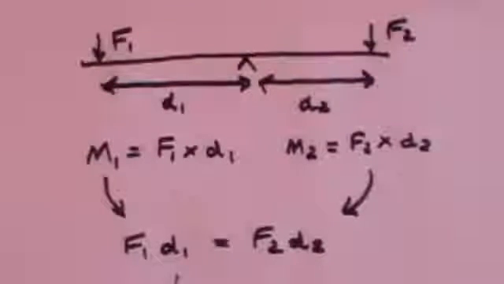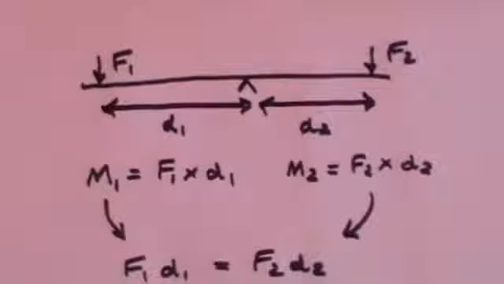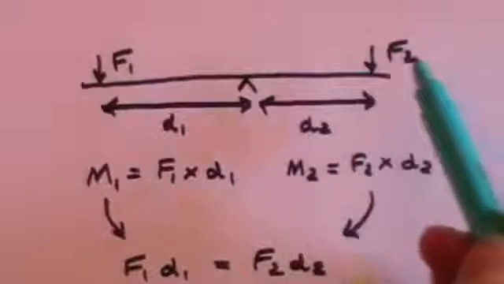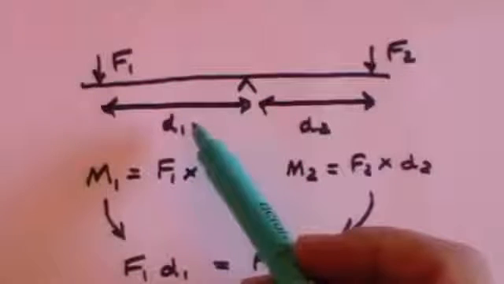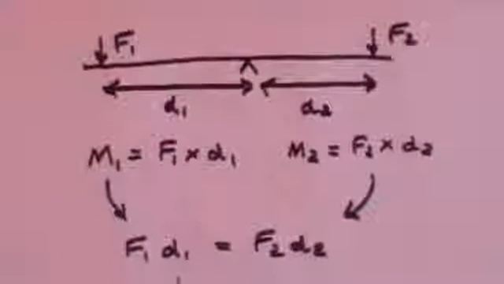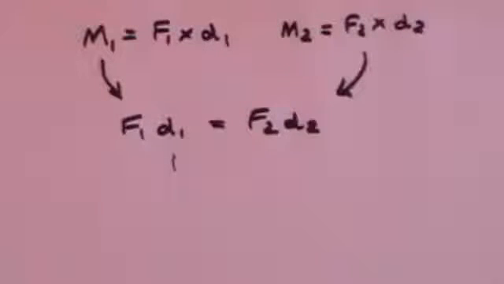Let's give some examples to this. Suppose that force is 300 newtons. So we're going to assume that F1 is 300 newtons, F2 is 600 newtons, and I'm going to have D1 as 1 metre. What does D2 have to be? So remember, F1 was 300 newtons, F2 was 600 newtons, D1 was 1 metre.